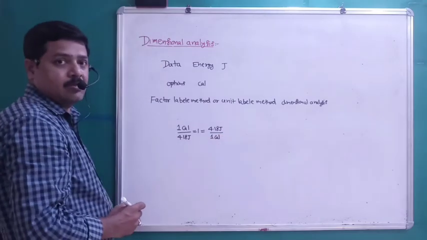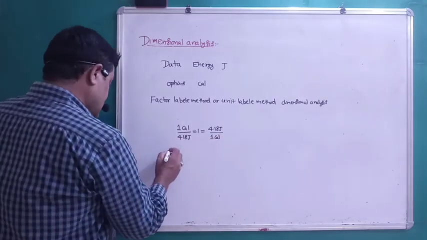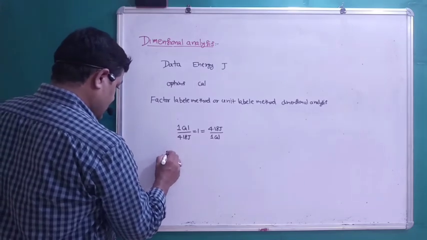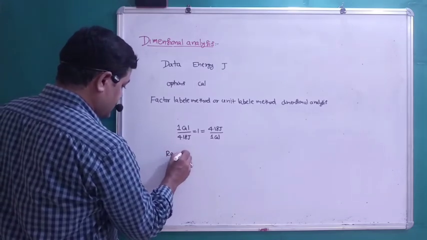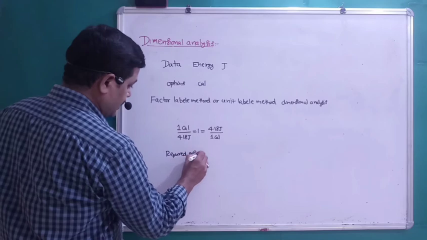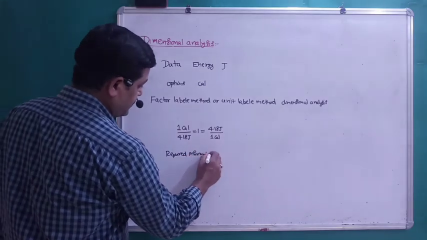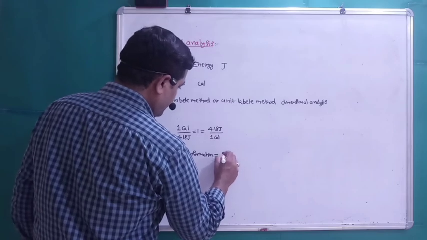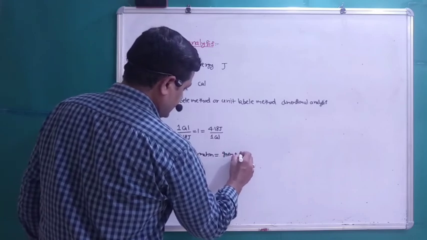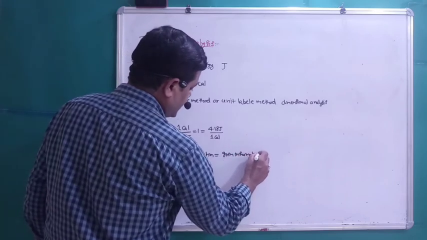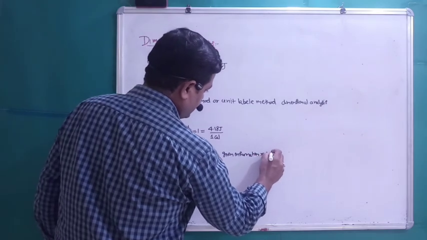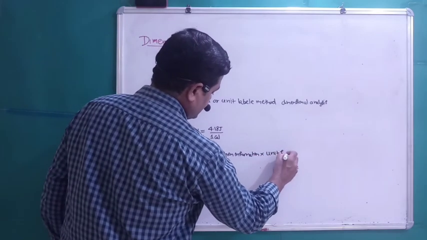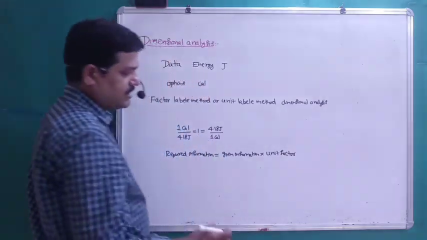Right? So here generally required information is equal to given information multiplied by the unit factor we have to take.